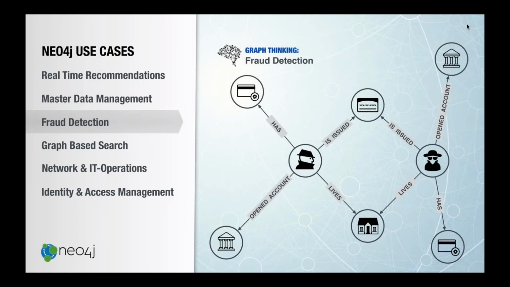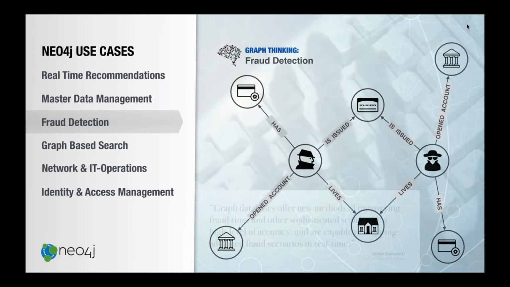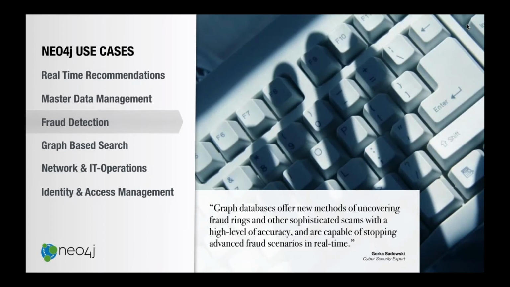So the ICIJ, or the International Consortium of Investigative Journalists, used it to look at fraud across a wide network of people opening up offshore accounts, and they won the Pulitzer Prize for that. So graph databases offer new methods of uncovering fraud rings and other sophisticated scams with a high level of accuracy, and are capable of stopping advanced fraud scenarios in real time.